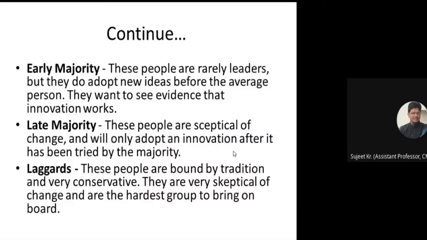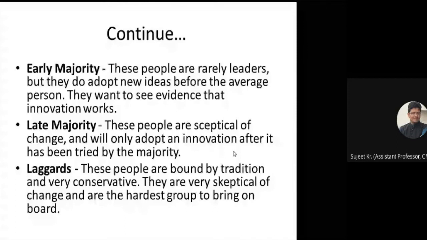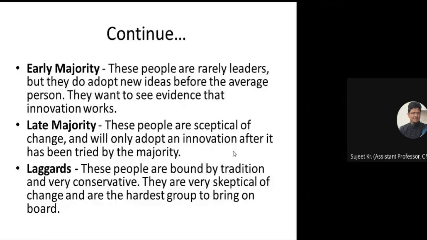It doesn't mean that if in the adoption of one technology I am an early adopter, then on every technology I will be an early adopter. On some technologies I may be a laggard, and on some technologies a laggard may be an early adopter, right? So don't use this laggard term as a fixed kind of term. No, the population varies on the basis of the availability of technologies, right? So this is the thing.